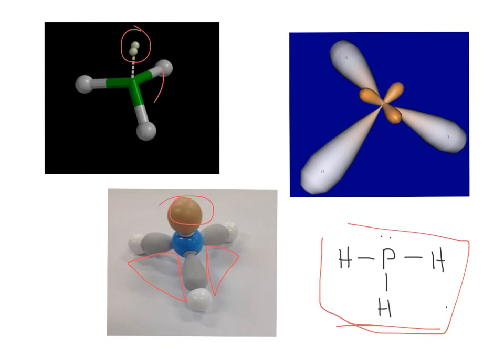You can see that an angle right here is less than 107 degrees, giving us that pyramid shape. So the Lewis dot structure does do a good job of showing us how our bonding works, but it doesn't really do a good job of actually showing us the molecular shape of the actual molecule, as we can see here.